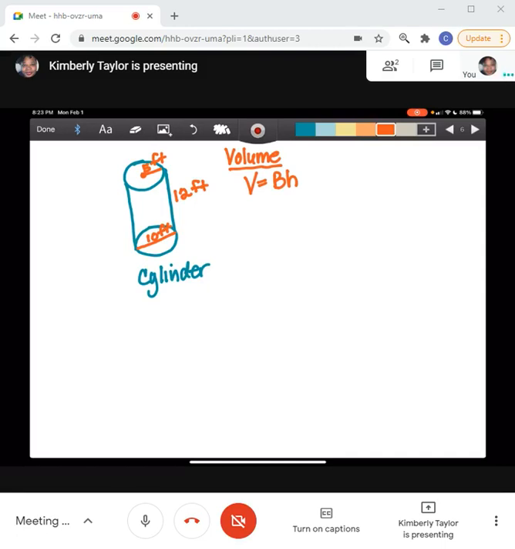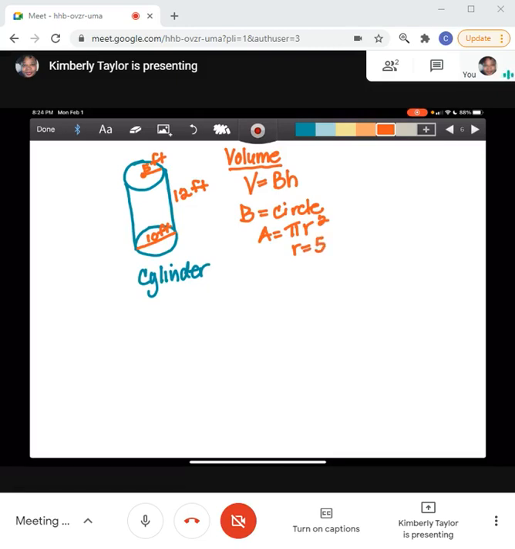So everything needs to be considered for the base. So if I'm trying to find the volume, the area of the base is a circle. To find the area of a circle, it is pi r squared. Okay, so my diameter is 10, but my radius is 5. So r is equal to 5.